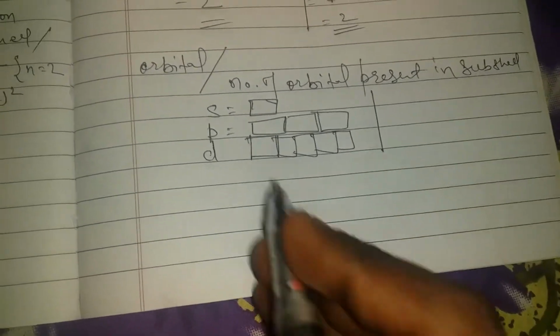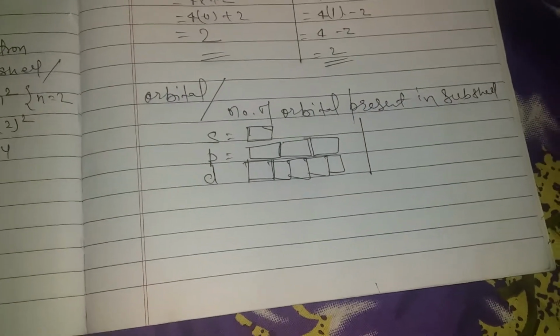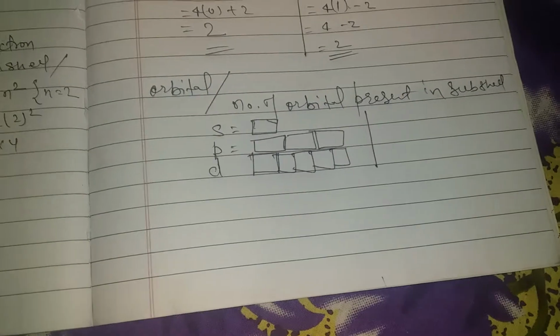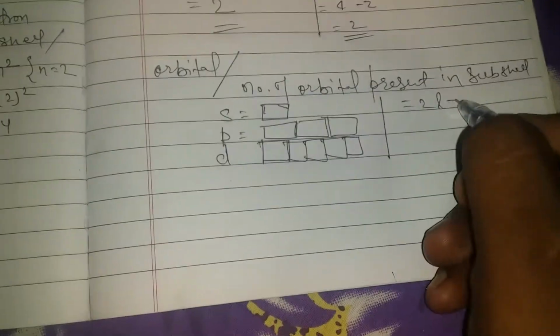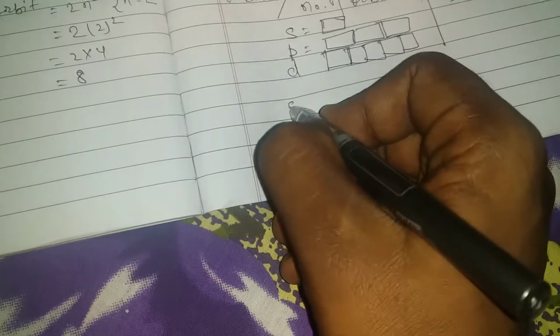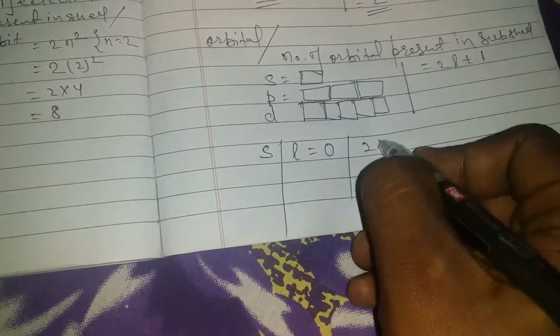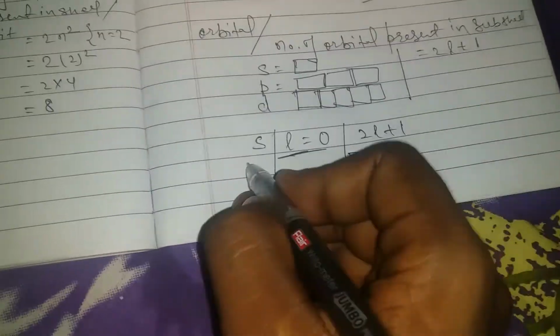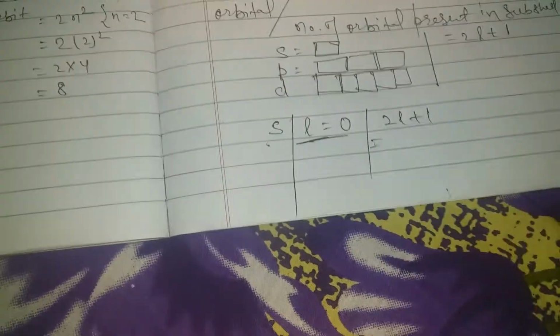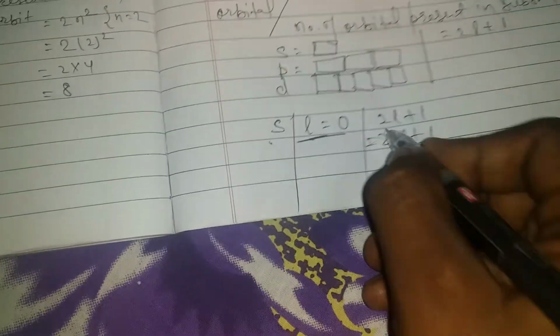It is found by the formula 2L plus 1. For example, for S, L equal to 0, so 2 into 0 plus 1 is 1.